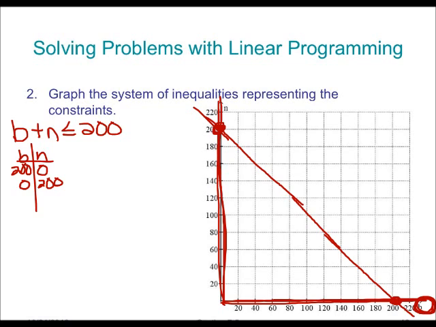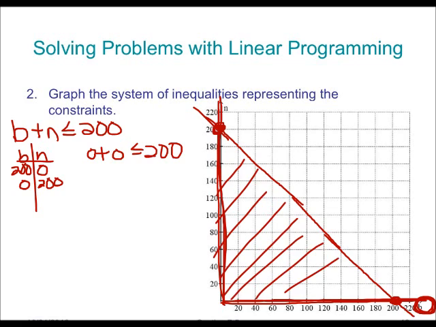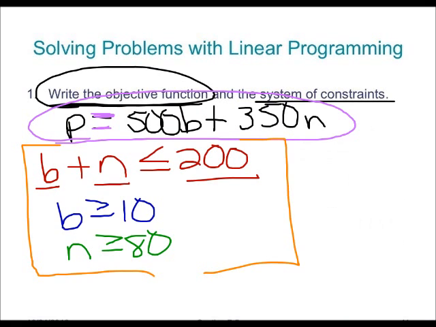So I'm going to put 0 in for B and 0 in for N. And is that less than or equal to 200? Yes, it is. So I'm going to shade over top of my 0, 0. Remember to shade lightly because you will have to erase. So that's the first inequality.